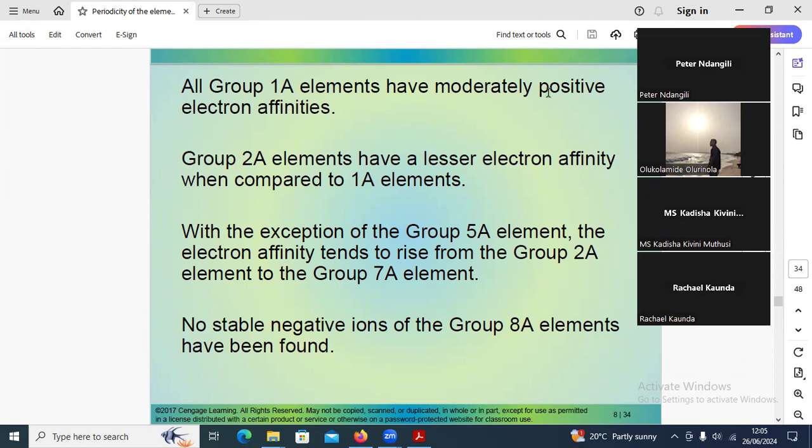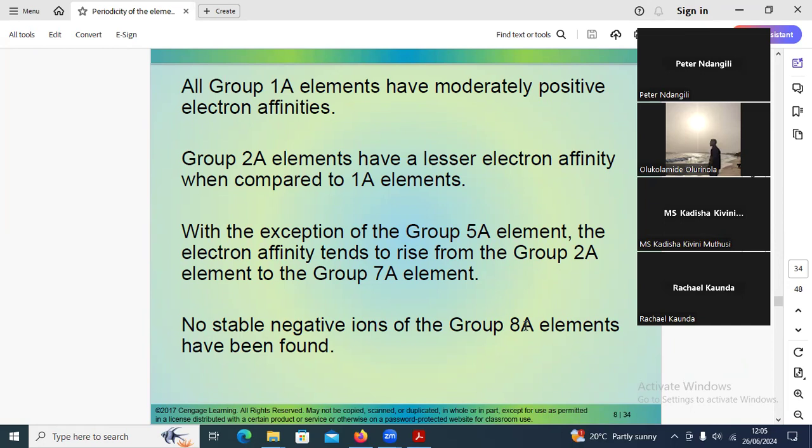You are talking about an S2. How do you gain an electron into an S2? That's going to be a little bit difficult. With the exception of the group 5A element, the electron affinity tends to rise across the period. No stable negative ions of group 18 elements have been found.